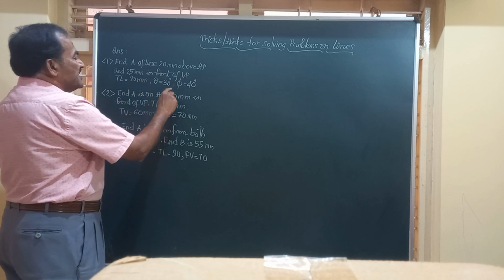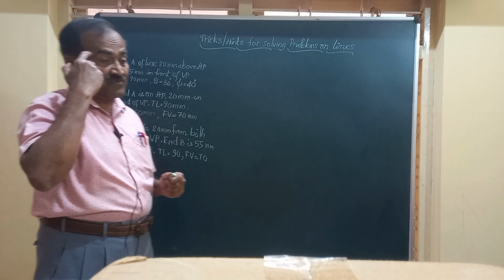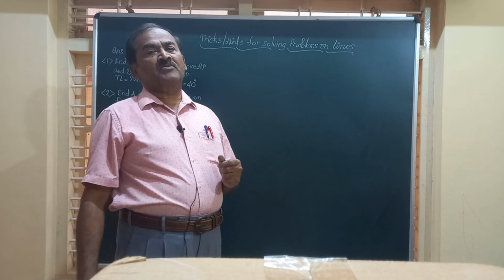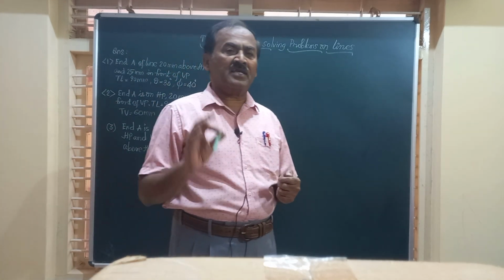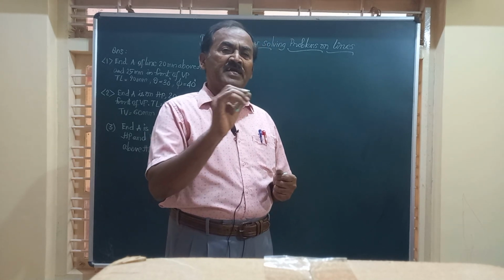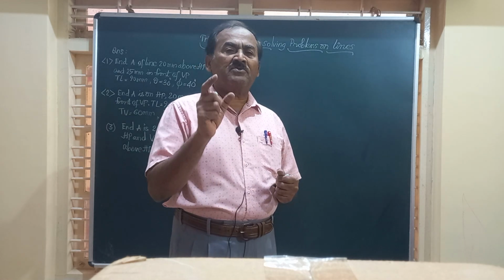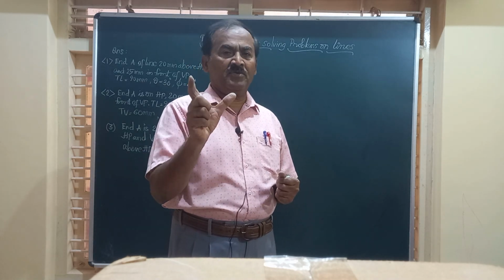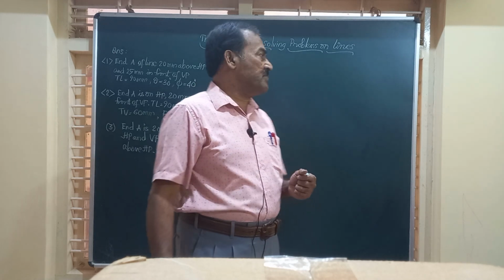Theta is the inclination of the line with the HP, and phi is the inclination of the line with VP. Friends, for all these problems on lines, you have to start with one of the ends of the line. So for all these problems, I have taken the line as AB, and the end A is the reference for me.